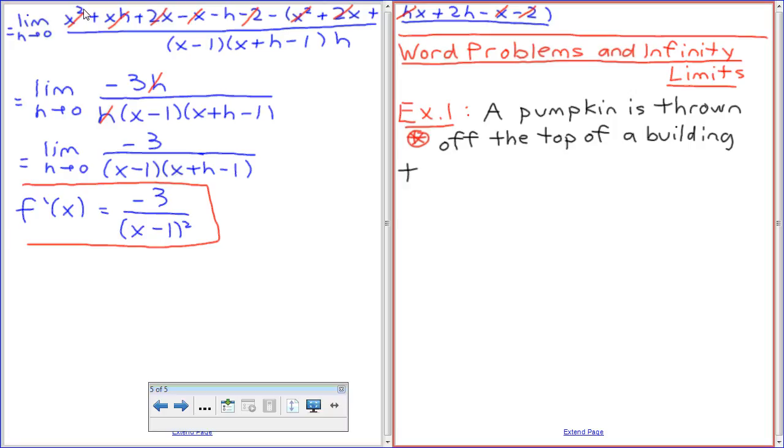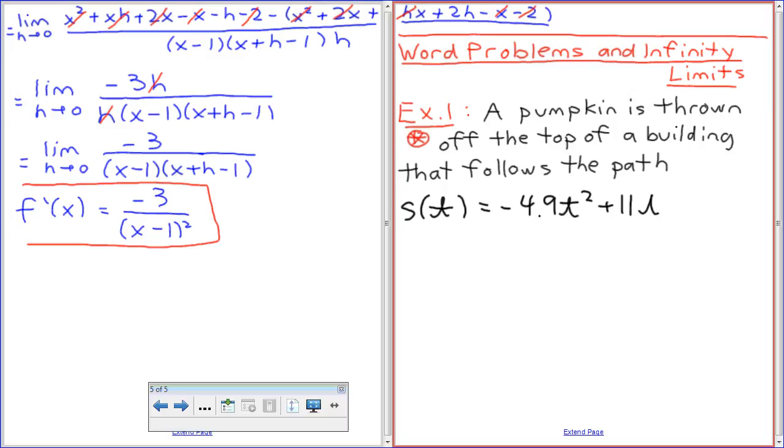It follows the path s of t equals negative 4.9 t squared plus 11t plus 50. What is the speed of the pumpkin as it hits the ground?